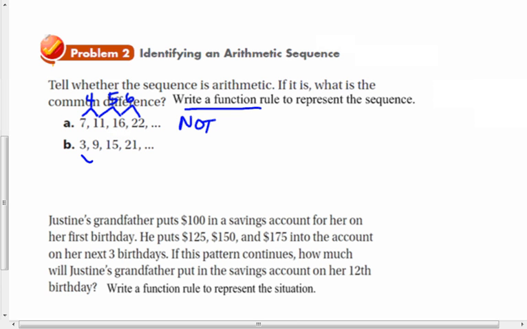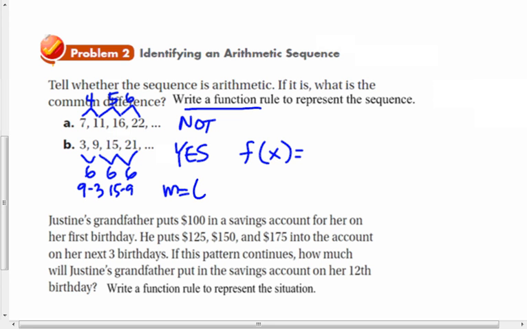The second one, 9 minus 3 is 6. 15 minus 9 is 6. And 21 minus 15 is 6. This is an arithmetic sequence, and we can write a function rule. It's f of x equals mx plus b. Our m is 6 here because the common difference is 6.